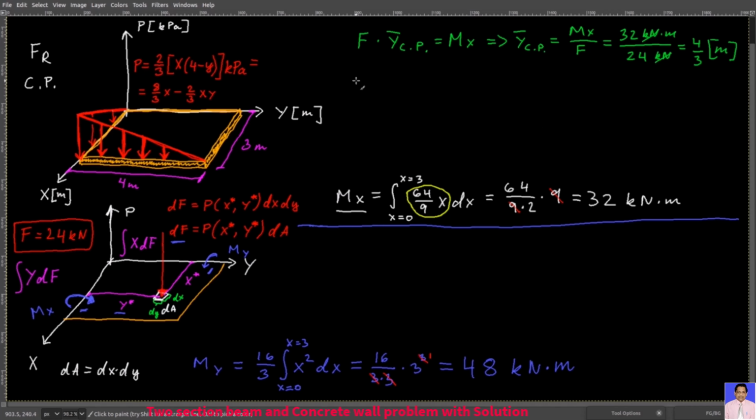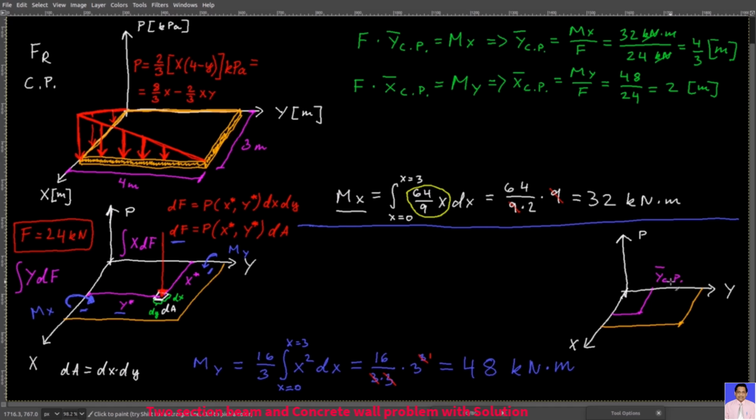And then you write the same force times x bar Cp, your center of pressure in the x dimension, and that gave you the moment about the y direction. So your x bar Cp equals My over F, 48 over 24, that's 2 meters. And there you go. This is your y bar Cp, this is your x bar Cp.